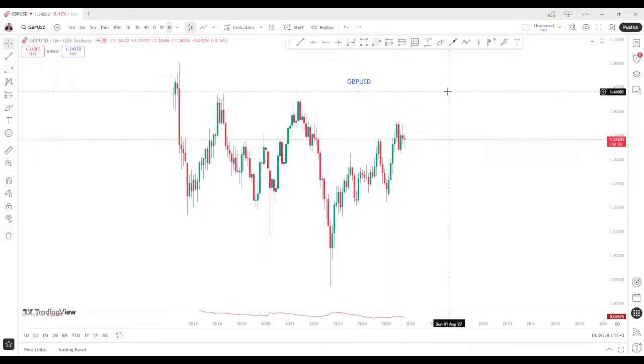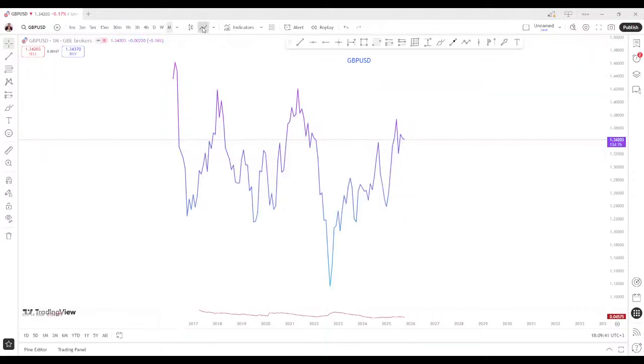So how I understand the market, I don't use the body and the wicks, I use the line chart. So if I use my line chart, there's something you can see.